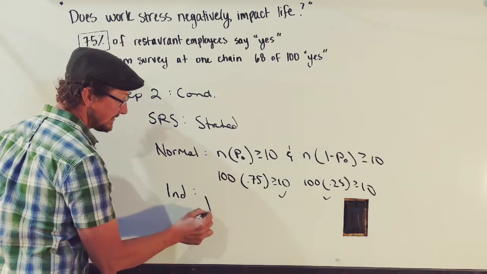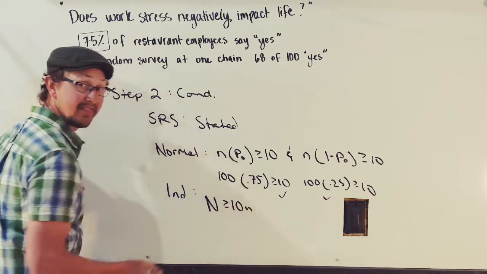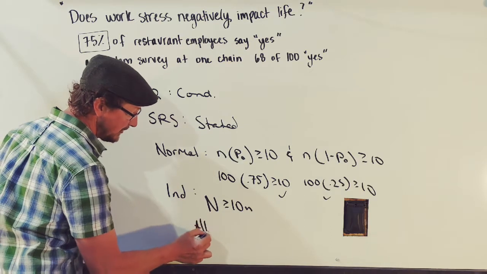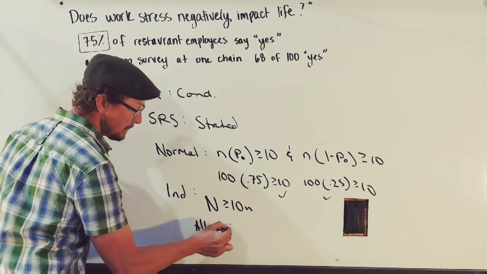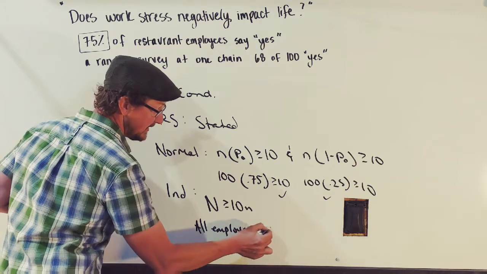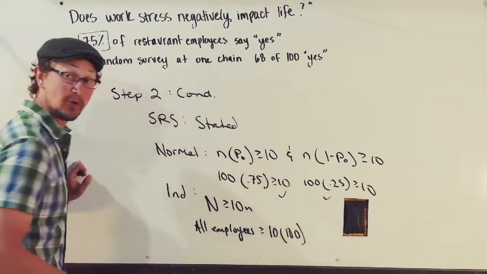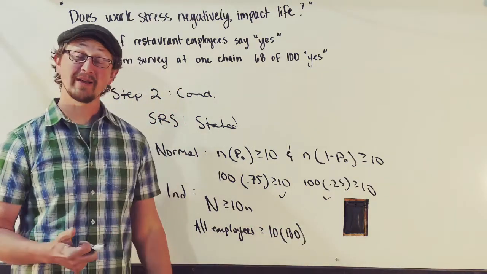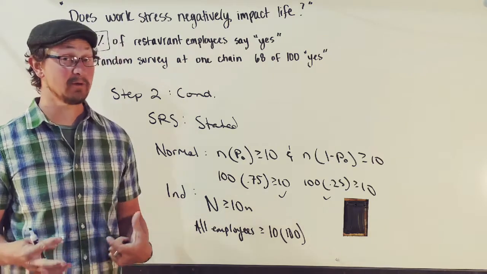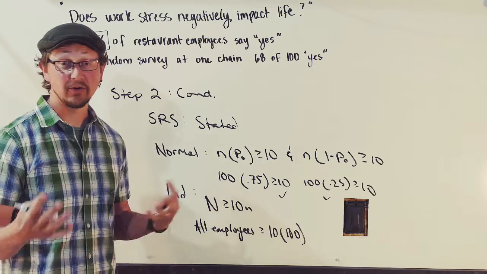So, independence, the population has to be 10 times bigger than the sample. So, that means all employees has to be 10 times greater than our sample size of 100. Now, this is a non-specified chain of restaurants. So a chain means it's more than one restaurant.